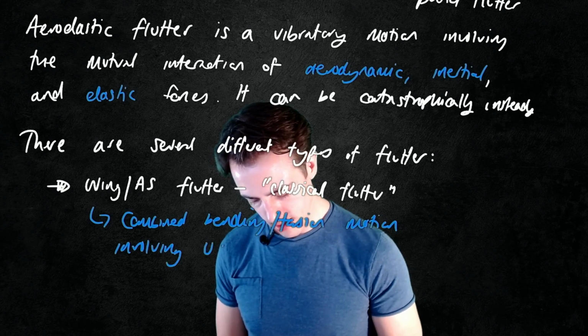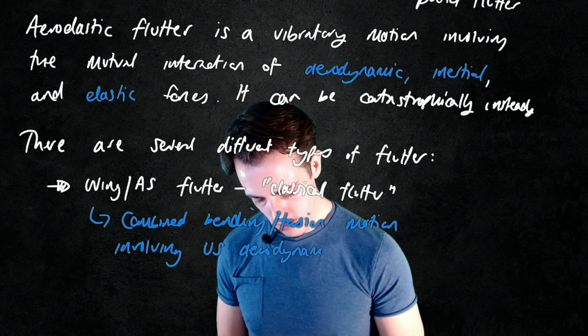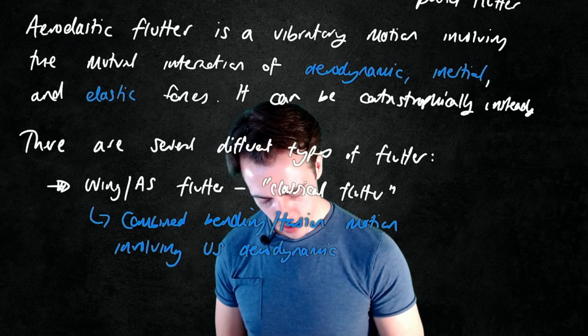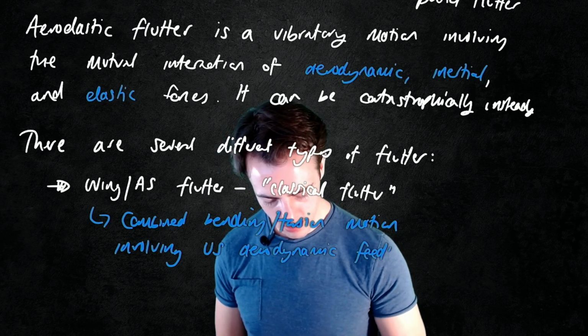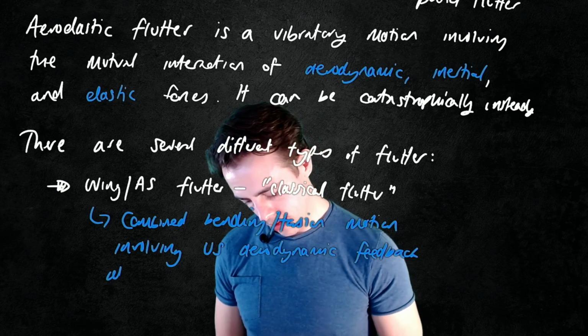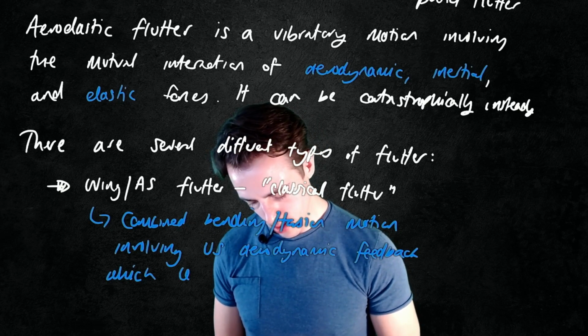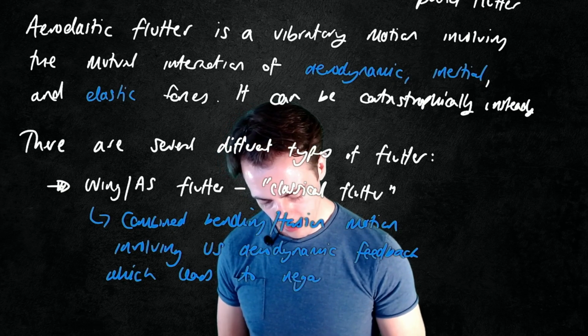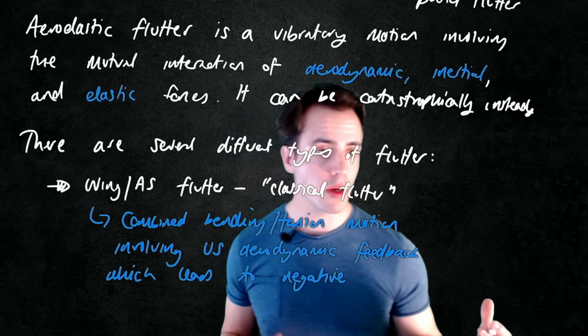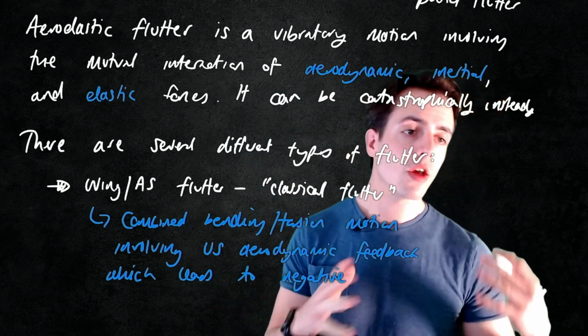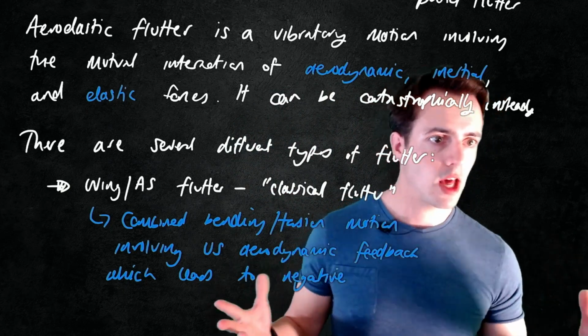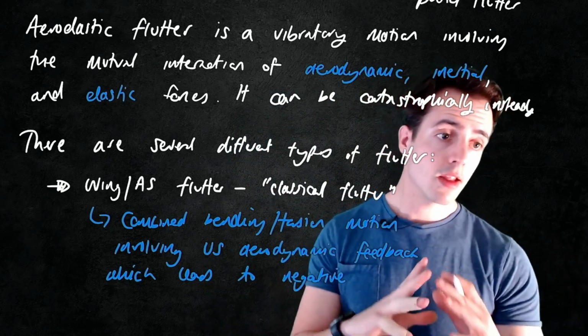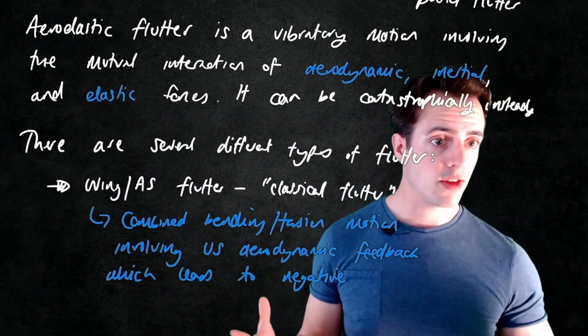And it involves unsteady aerodynamic feedback, which leads to negative damping. And by negative damping, we mean that the aerodynamic forces give rise to an increase in the oscillation of this vibration, which is why this can be catastrophic, because then something starts to vibrate.